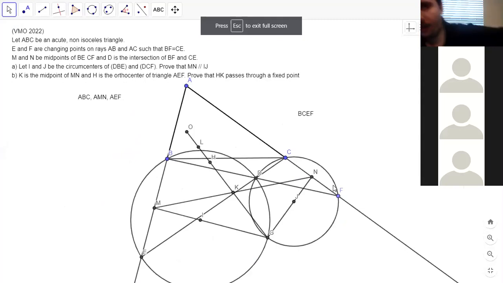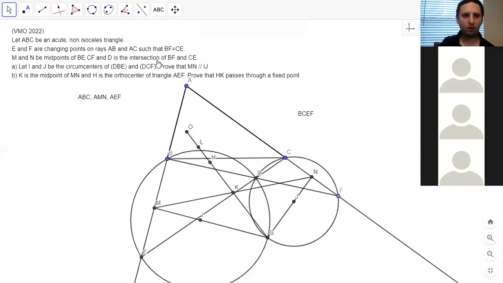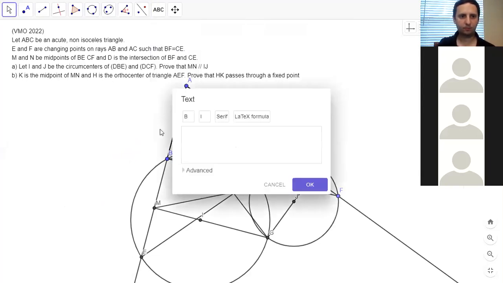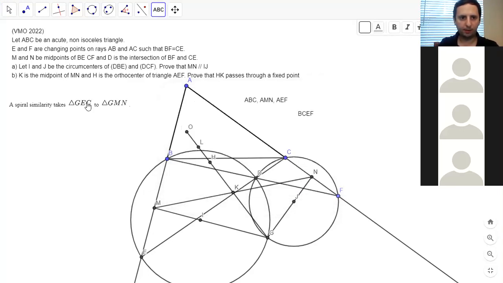Okay, so first I'm just going to type up part A. So a spiral similarity takes GEC to GMN. And so BF equals CE means that those are congruent.